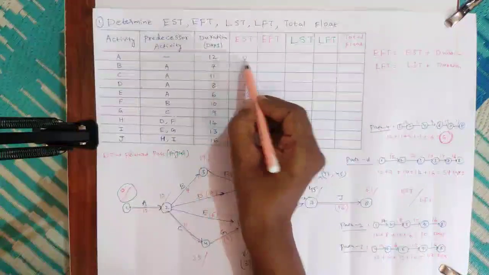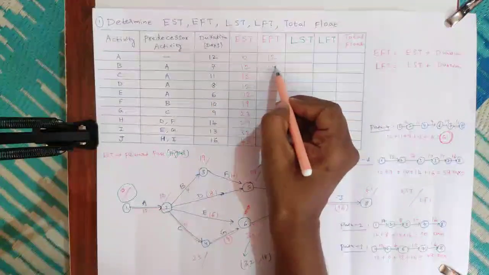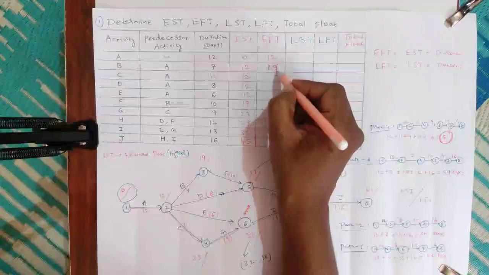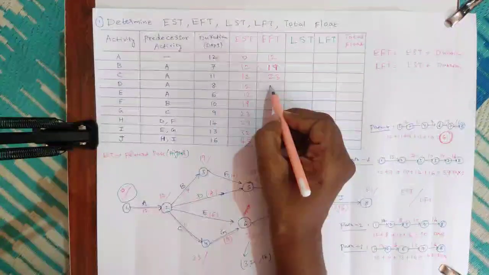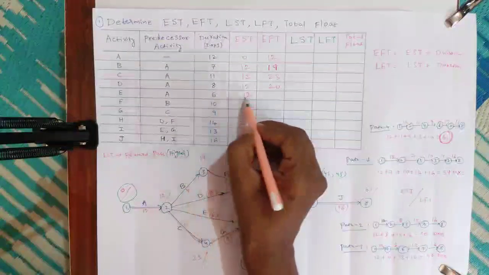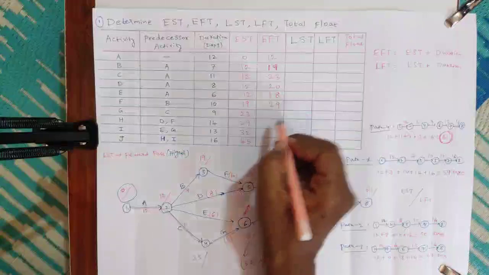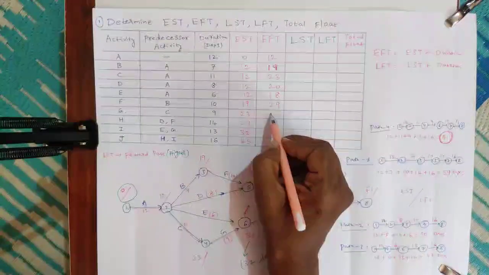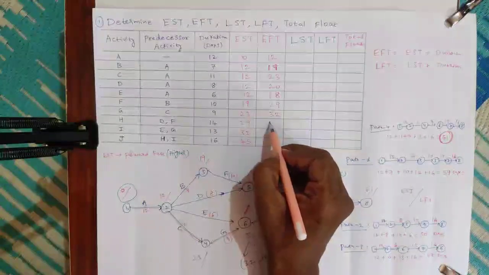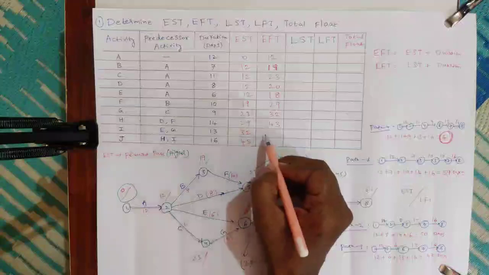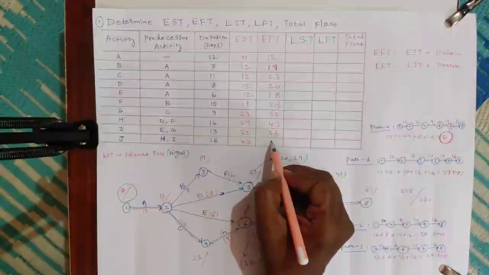If you see, 12 plus 0, 12. 7 plus 12, 19. 11 plus 12, 23. 8 plus 12, 20. 6 plus 12, 18. 10 plus 19, 29. 9 plus 23, 32. 14 plus 29, 43. 13 plus 32, 45. 16 plus 45, 61.